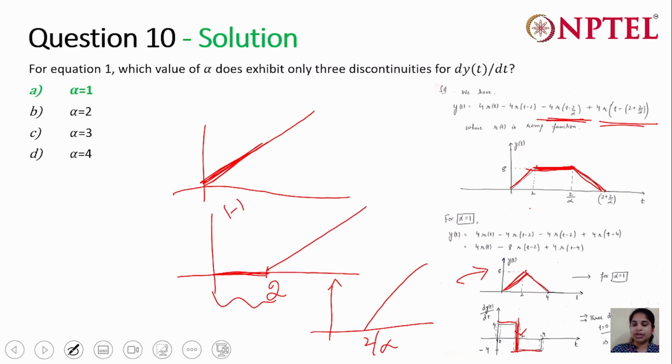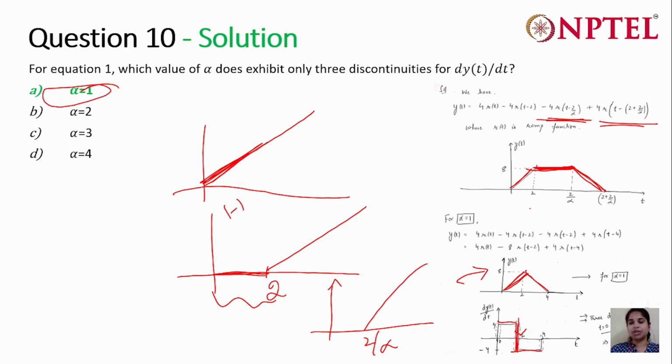If you differentiate this y of t, this triangular function, I'm going to get some pulse like this. And how many discontinuities do we have here? We have a discontinuity at t equal to 0, at t equal to 2, and another at t equal to 4. So the answer is alpha equal to 1.